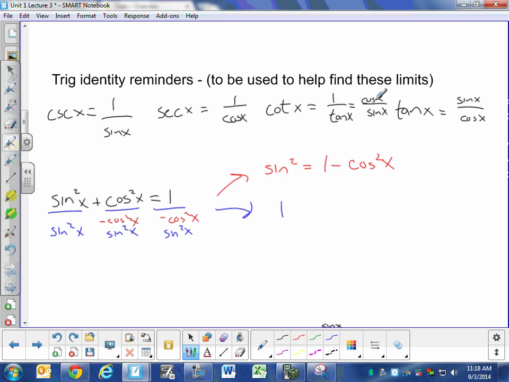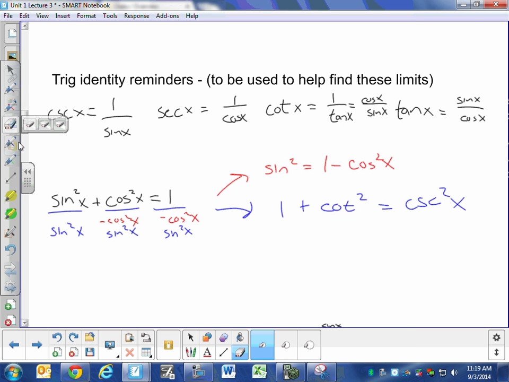Cotangent, exactly. Cosine over sine is cotangent. Well, if I have cosine squared over sine squared, that'd be cotangent squared. And then what would be 1 over sine squared? Cosecant squared. 1 over sine is the same as cosecant. Well, 1 over sine squared is cosecant squared. Look at that. You don't remember that one. You probably were told to memorize that one. However, what you didn't know is that you could have just generated this one yourself.